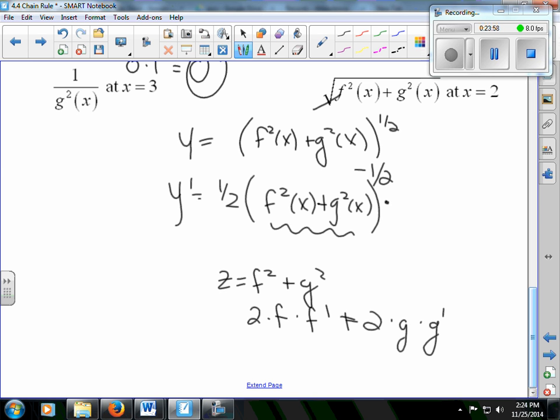The inside is g. G has a derivative. It is g prime. So this would be times 2f of x, f prime of x, plus 2g of x, g prime of x. And then you would plug in 2 and read from the graph. Only it doesn't exist at 2, so not going to do that.